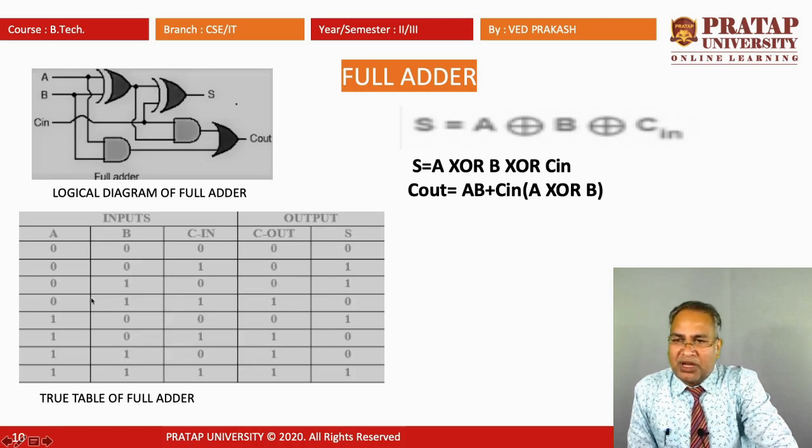If two inputs are 1 and one input is 0, then sum is 0 and carry is 1. If all inputs are 1, then carry out is 1 and sum is 1.